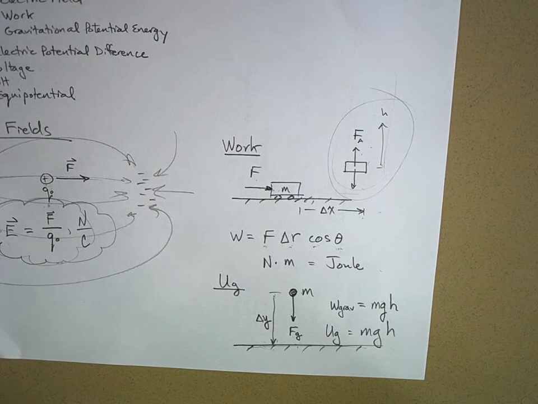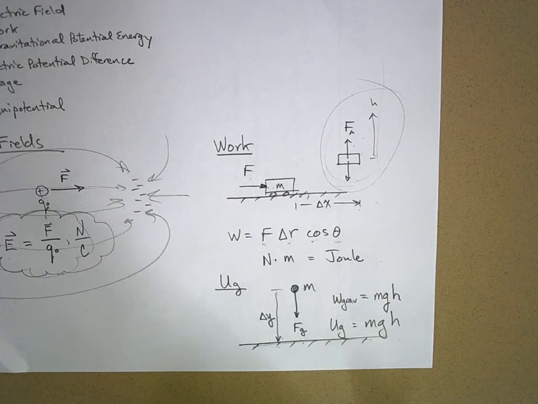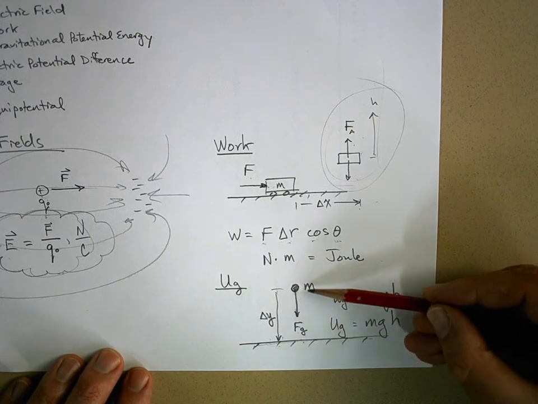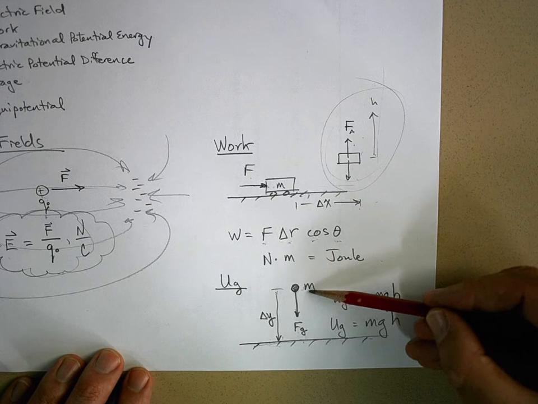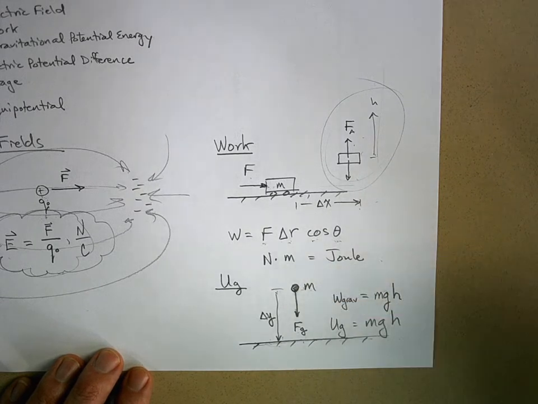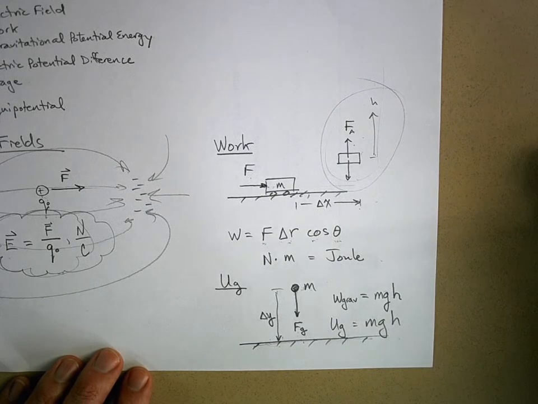Now the reason I'm reviewing gravity is that gravity is a really good way of visualizing what's happening when you have an electric field instead of a gravitational field. Look, this object has a force on it because it has mass and it's in a gravitational field. And if you're close to the Earth's surface, that gravitational field is 9.8 newtons of force per kilogram of mass.